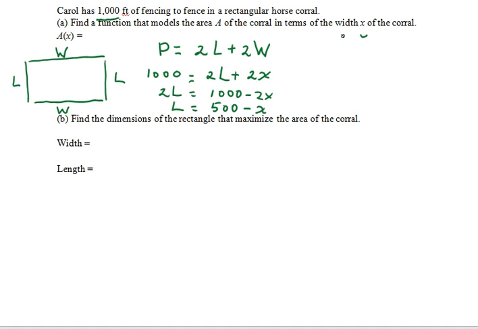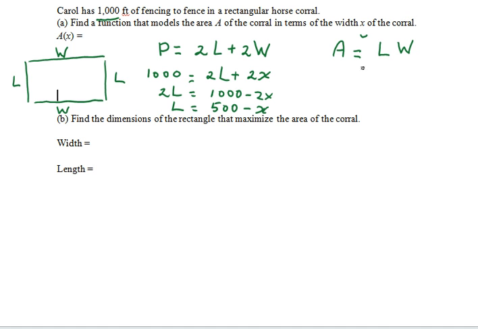So now what we were really asked to do is to write the area in terms of X. And so we start with our formula for the area of a rectangle, length times width.